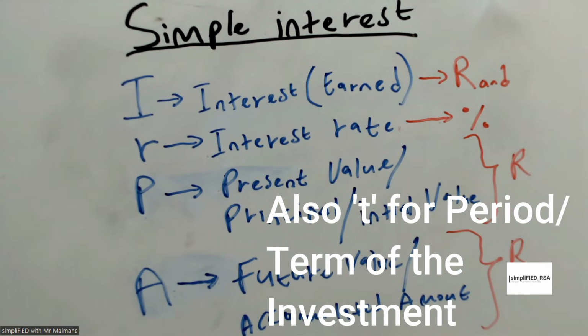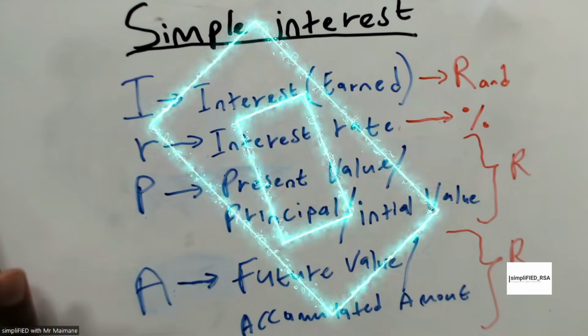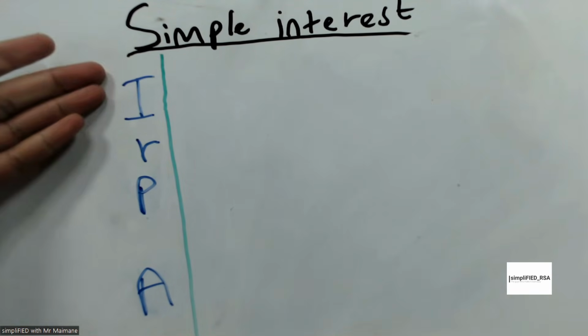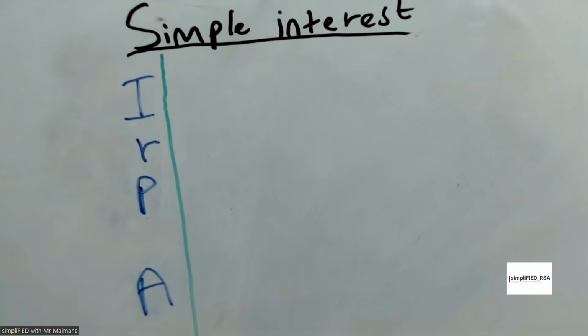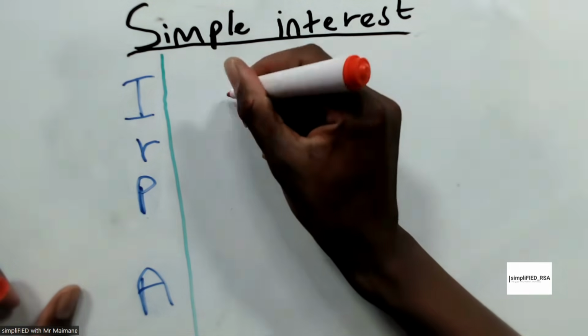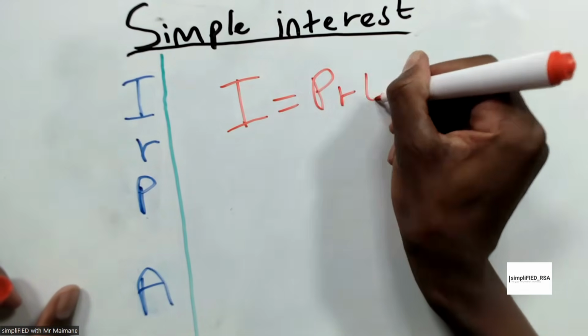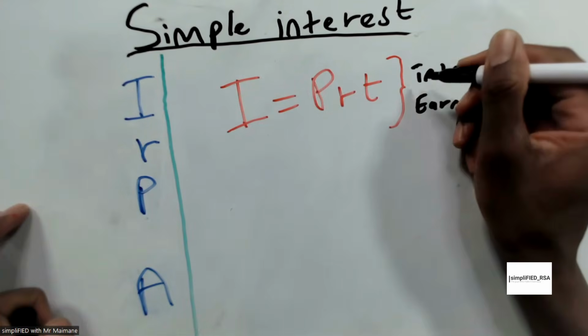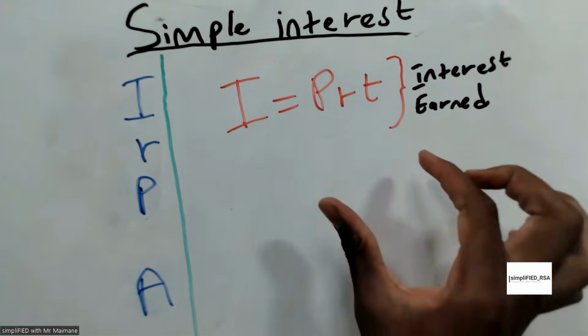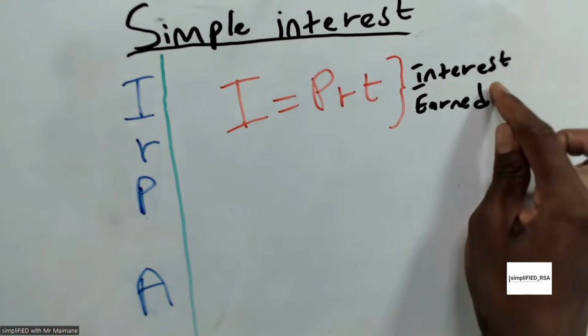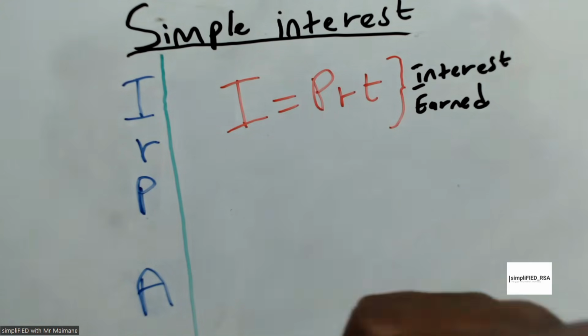Now let's look at the formulas involved in simple interest. We know these are the variables we have. The first formula I'm going to bring up is for the interest earned. This is the formula we use to calculate the interest earned in an investment.